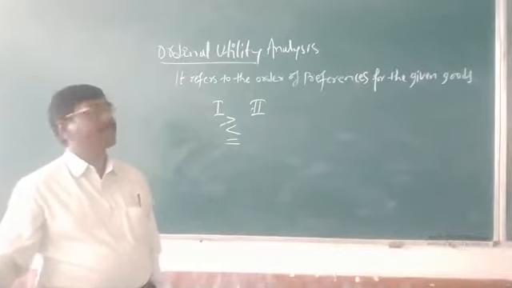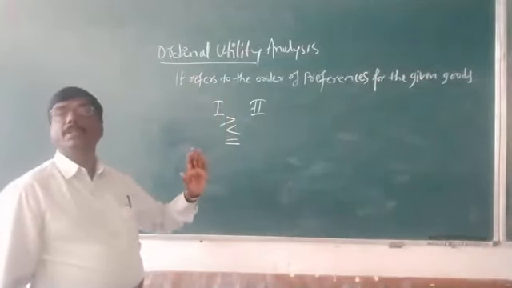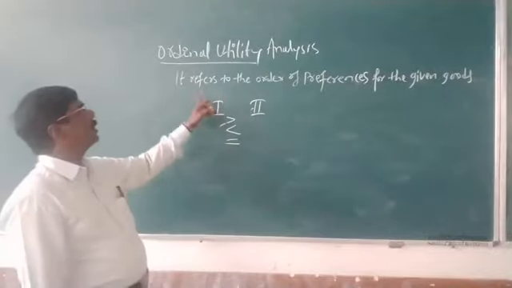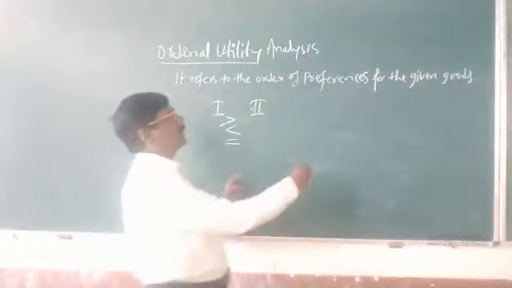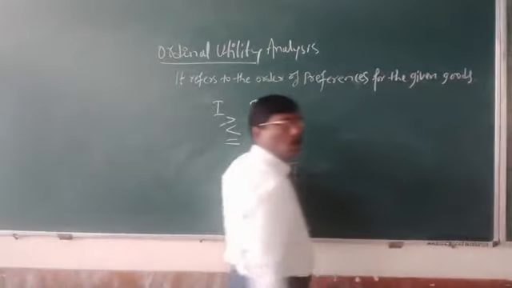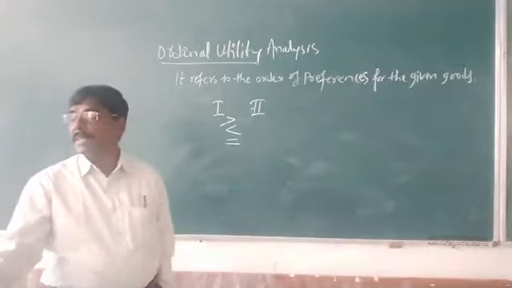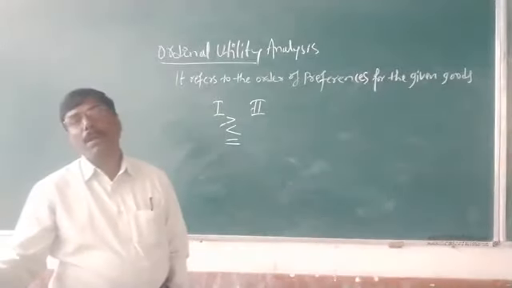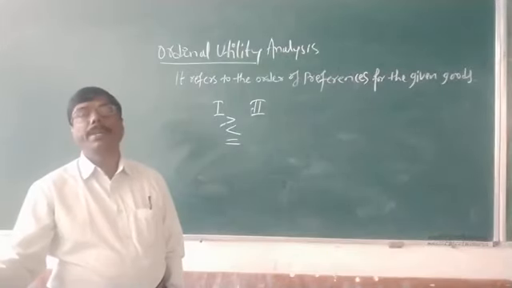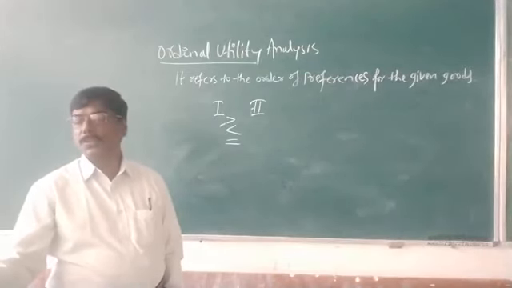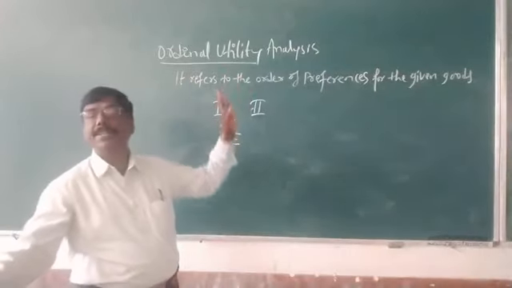He is able to compare only. So it is known as ordinal utility. Ordinal utility refers to the order of preferences for the given goods. He can tell the order of preferences for various baskets of goods. That is the meaning of ordinal utility.